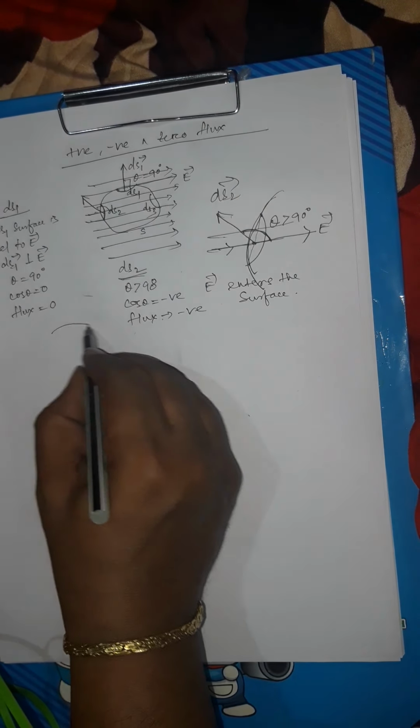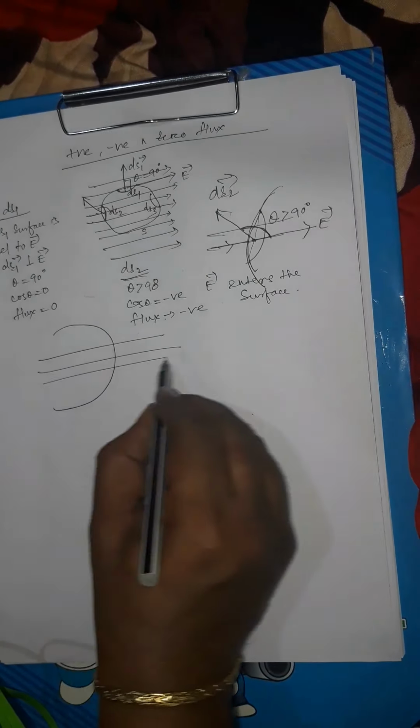Okay, now let us go for number 3. The surface is like this and the electric field is like this.